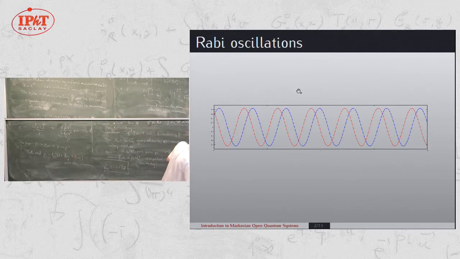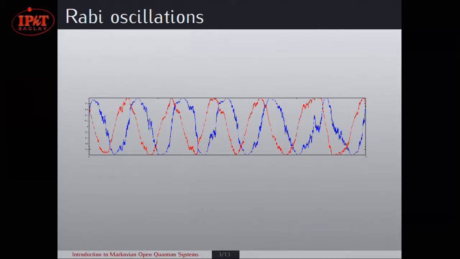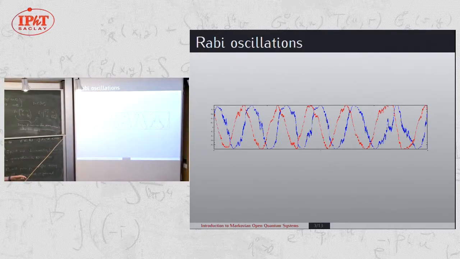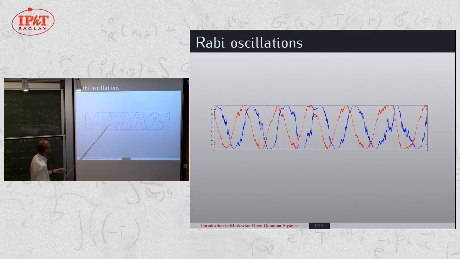So let's see what happens in the next transparency. You see, due to the measurement, the evolution of the density matrix, this is just a sample, there is randomness in it, and you start to deform the Rabi oscillations a little bit, but you can clearly still see that there are oscillations.